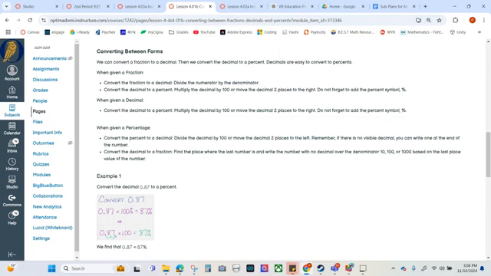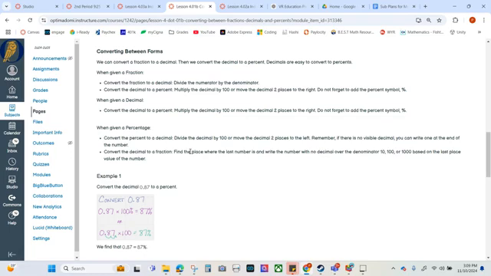When you're given a fraction and you want to turn that fraction into a percent, convert the fraction into a decimal by dividing the numerator by the denominator, then convert the decimal to a percent. Multiply the decimal by 100, or move the decimal 2 places to the right, and don't forget to add the percent symbol at the end. So if you have a fraction, you turn the fraction into a decimal, then you multiply the decimal by 100, bada bing, bada boom, you got a percent.